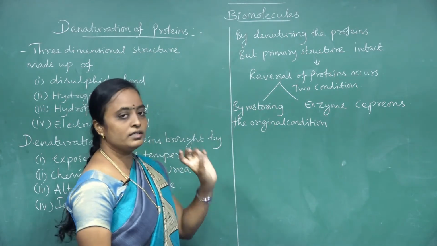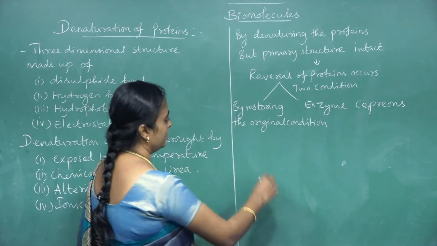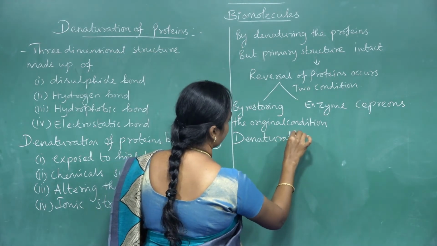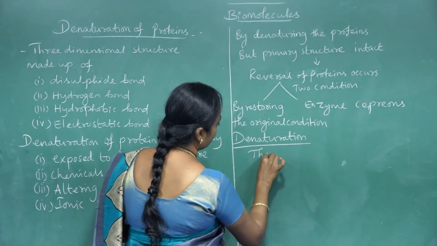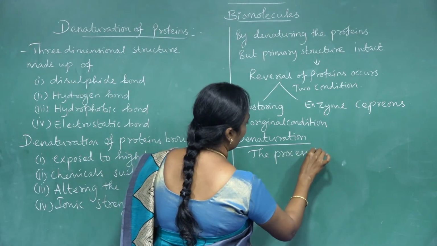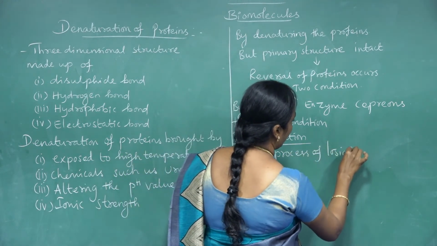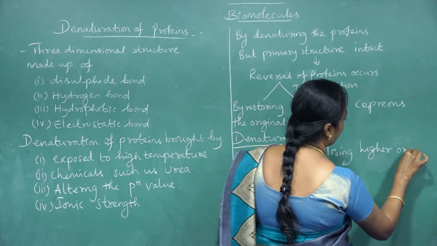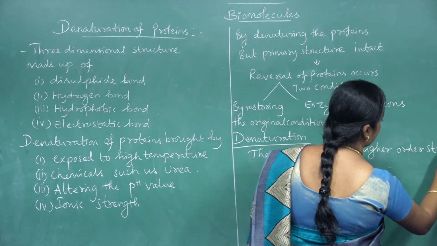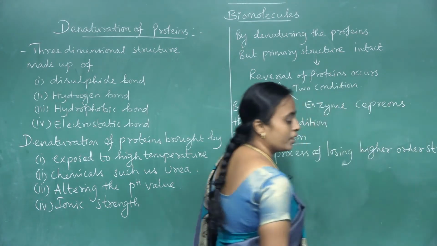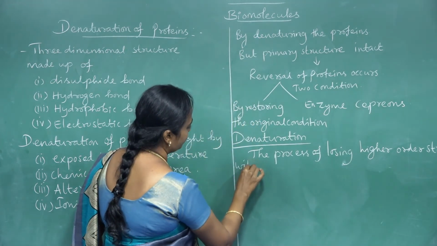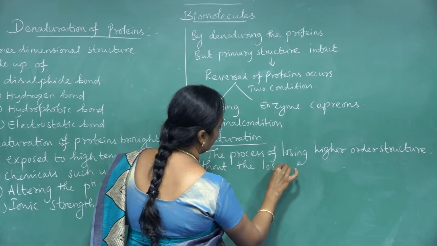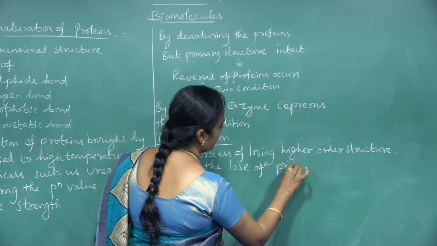So how do you give the definition of denaturation? Denaturation is nothing but the process of losing higher order structure without the loss of primary structure.